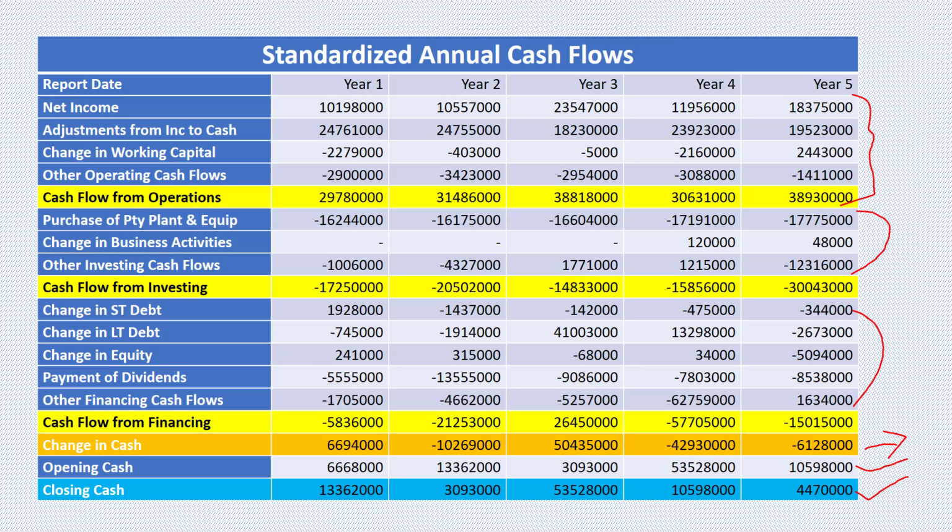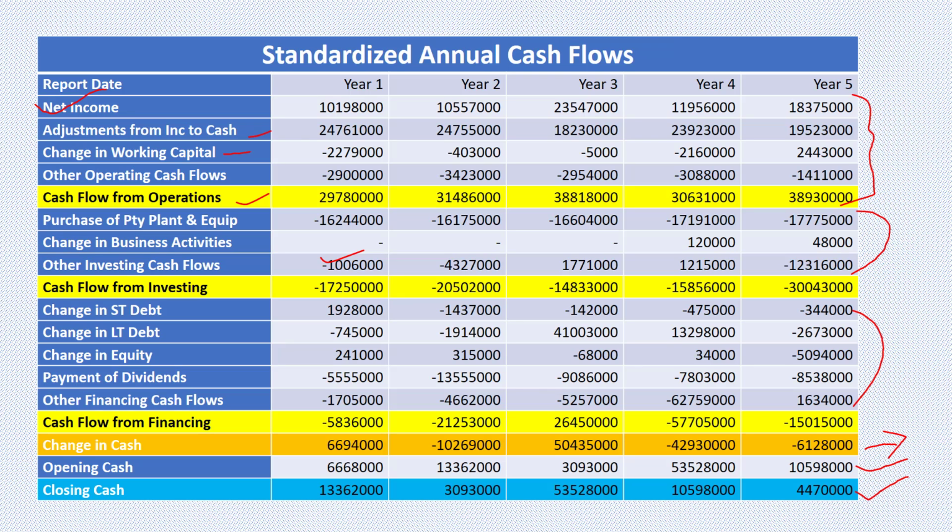In this example, it starts with net income, which is a part of cash flow from operating activities, and it adjusts for changes in working capital and other adjustments to get the cash flow from operating activities. After that it records the cash flow from investing activities, for example purchase of plant and equipment and other investing activities.